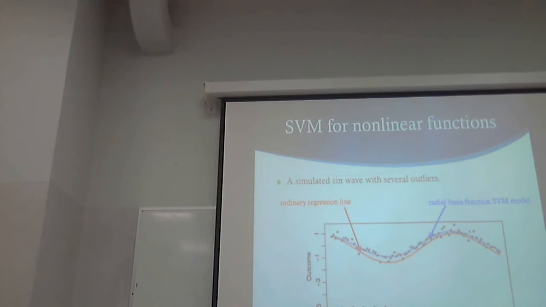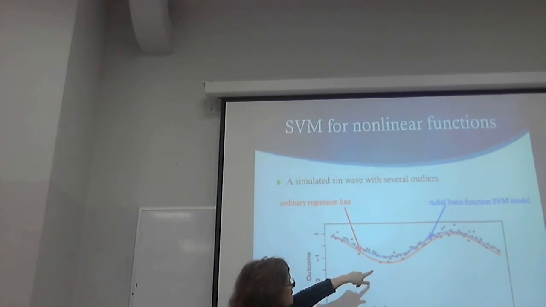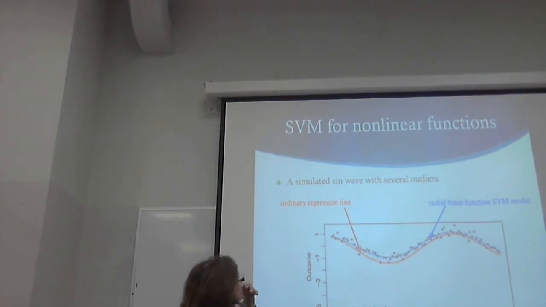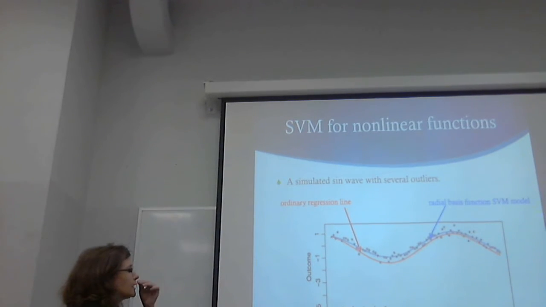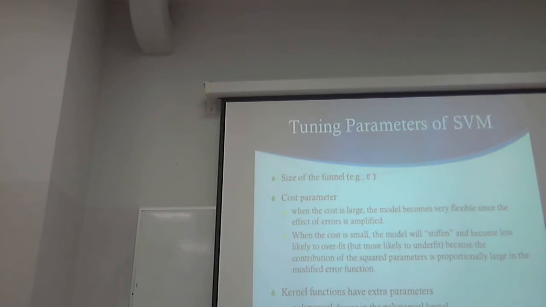This is again an illustration that the ordinary regression line is here, and SVM outperforms ordinary regression lines or some other methods in some tasks.